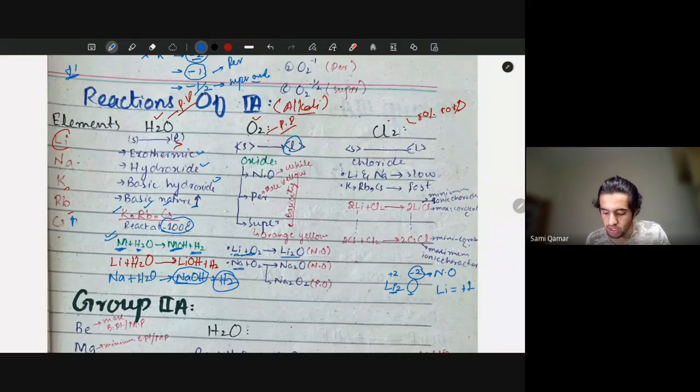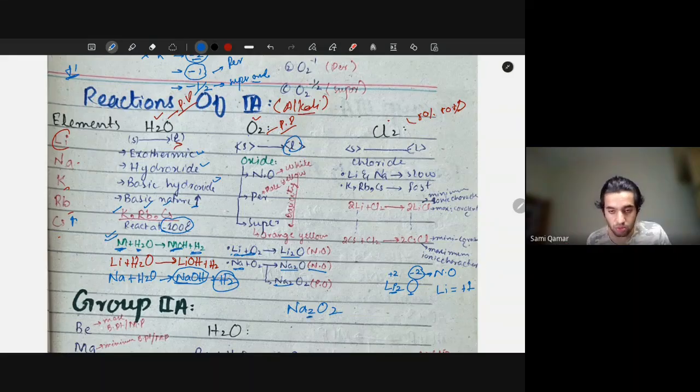Now let's do it for our sodium. Sodium can form two oxides with oxygen. One is Na2O, which will be normal oxide. Now sodium can form peroxide. How? When two oxygens are reacting, here we go, Na2O2. Now how is it peroxide? Sodium has oxidation number +1.